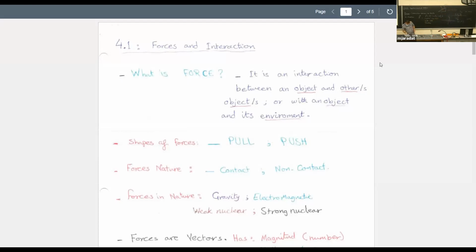Also, we need to know that we have in nature 4 types of forces. We have gravity, we have electromagnetic, and we have the nuclear forces, which are the weak and the strong interactions inside the nucleus. We will not deal with them. We will deal just with gravity and the electromagnetic. Electromagnetic means there are atoms and particles.